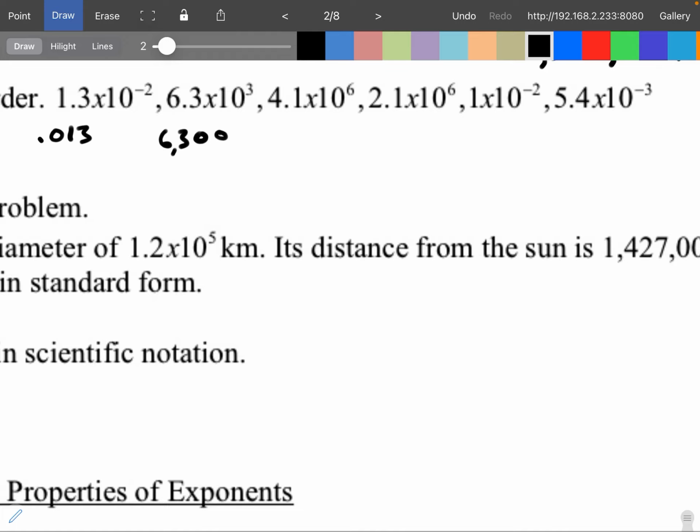The next one, I got to move the decimal 6 places to the right. That would be 4,100,000. The next one is this one. Same thing, right?